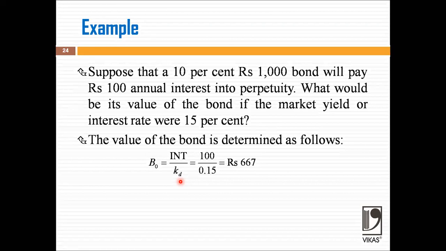Suppose that a 10%, 1000 rupees bond will pay 100 annual interest perpetually. What would be the value of the bond if the market yield or interest rate were 15%? So what is the coupon rate here?